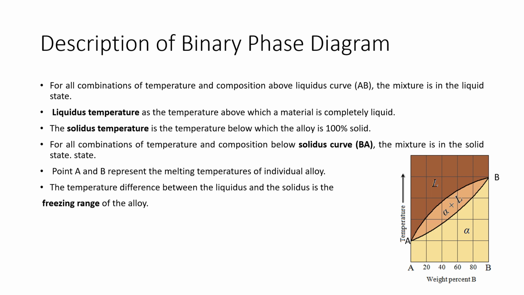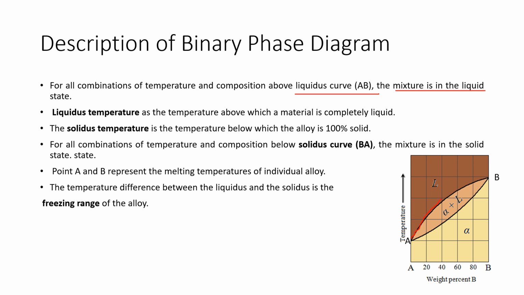For the description of a binary phase diagram, for all combinations of temperature and composition above the liquidus curve AB, the mixture is in the liquid state. This is the liquidus line.